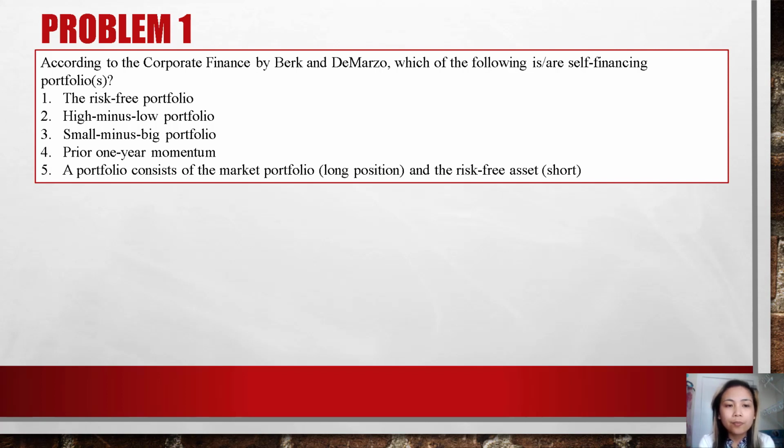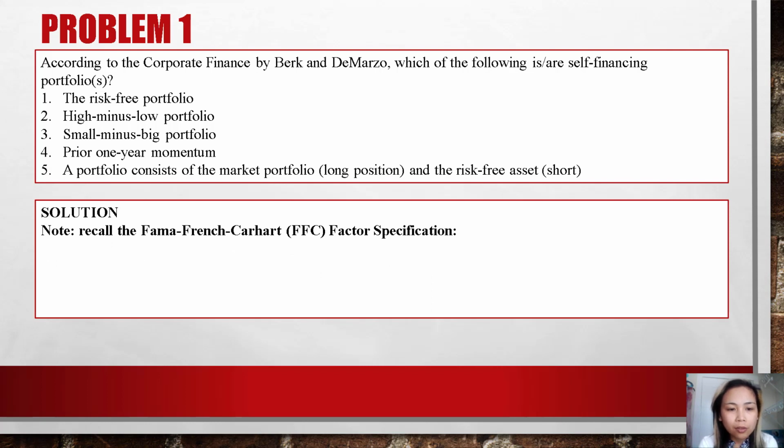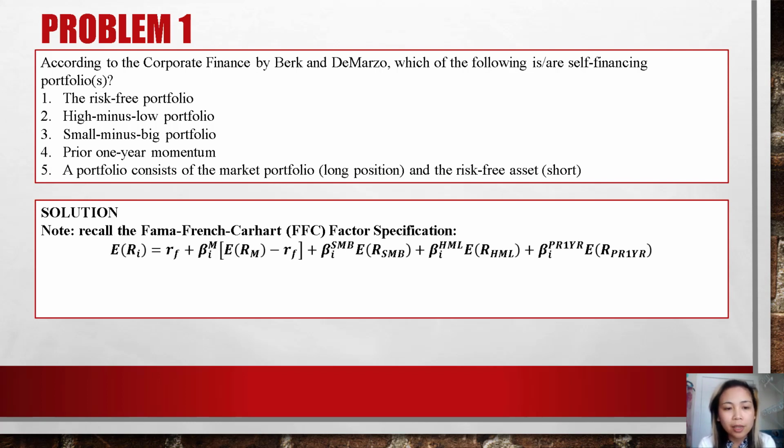Alright, so in order to answer this question, let's recall the self-financing portfolio. Note that on the Fama-French-Carhart FFC factor specification, we have the model expected return of Ri is equal to the risk-free asset Rf plus beta of portfolio i with respect to the market portfolio times the expected return of the market portfolio minus Rf.